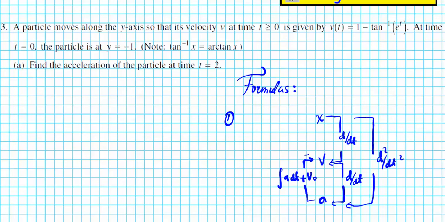And then if you're going from velocity to position, you're looking at the integral of velocity dt plus the initial position x sub 0.